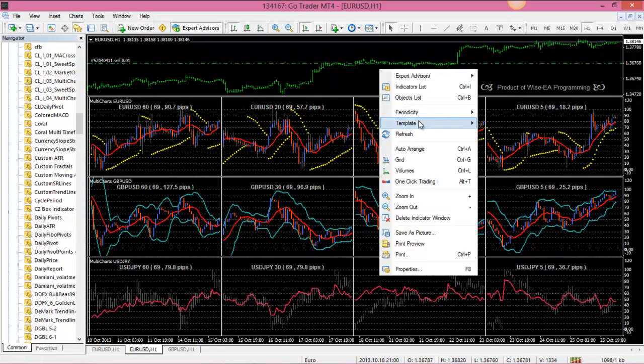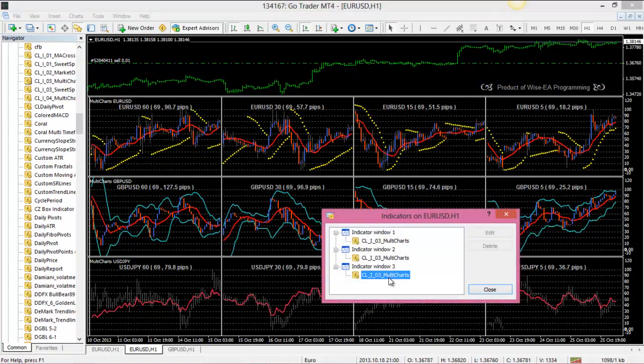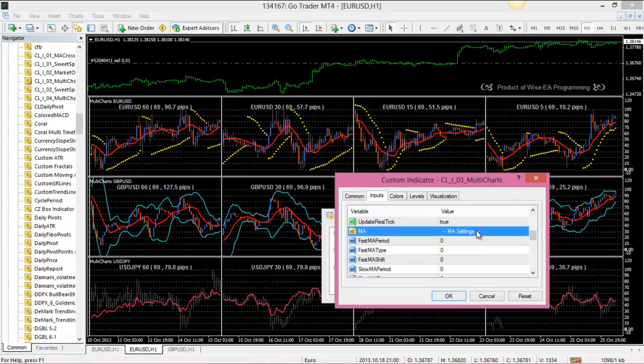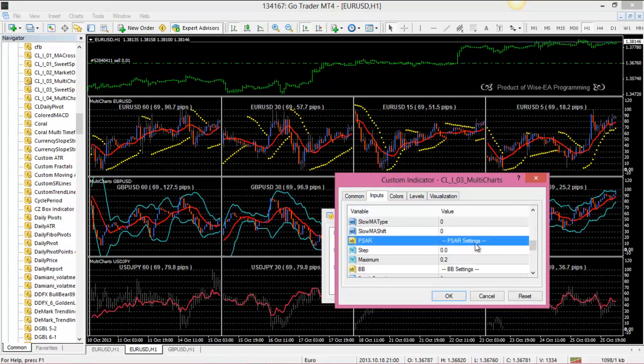Now here, let's take a look at what other indicators we can display. First is moving average. Second is parabolic SAR. For moving average, I have the possibility to display two moving averages, because two moving averages crossing is very important to a lot of traders.